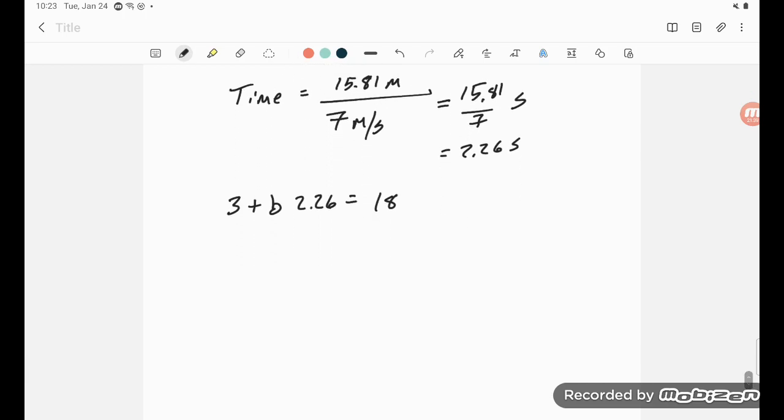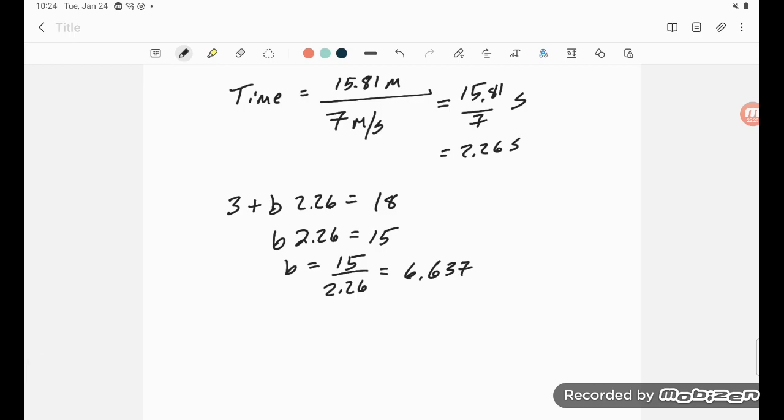So in this case, B times 2.26 is equal to 15. B equals 15 over 2.26. And so B is 15 divided by 2.26, and that's 6.637.